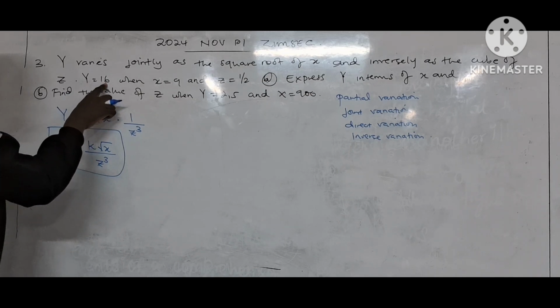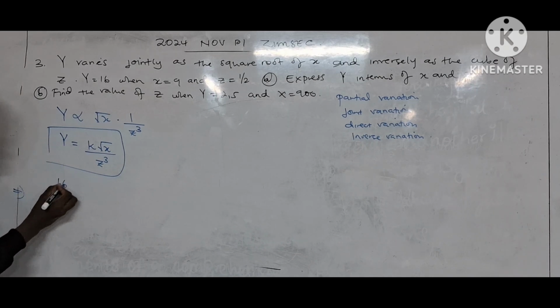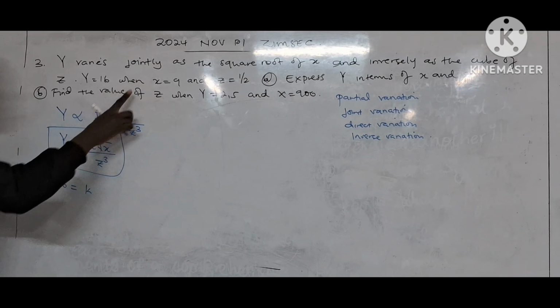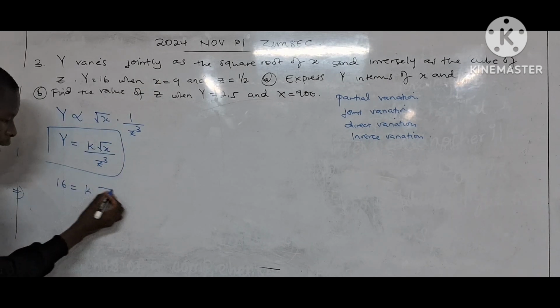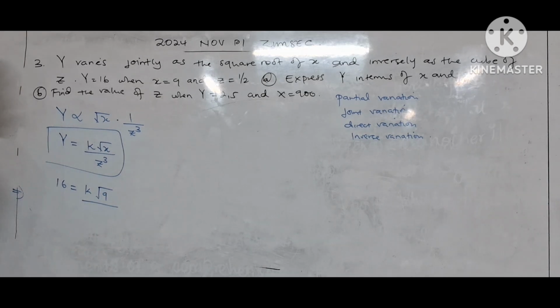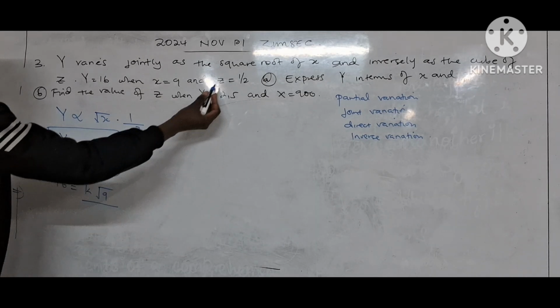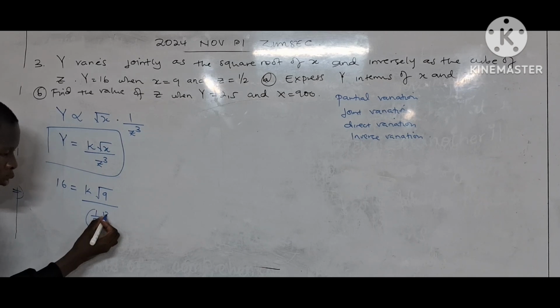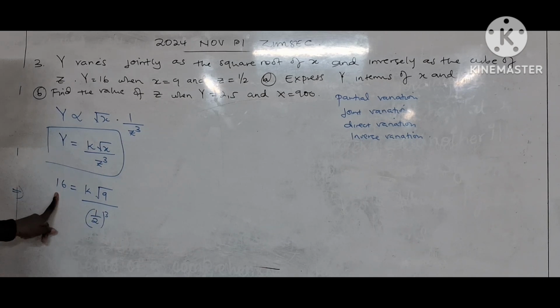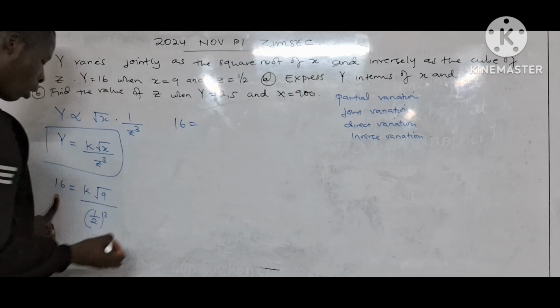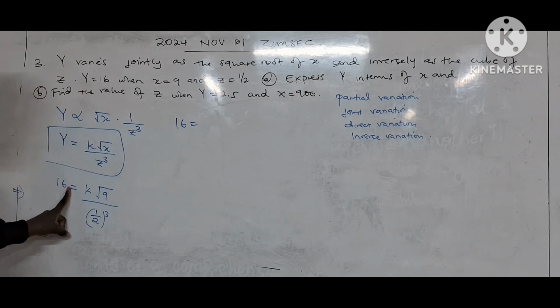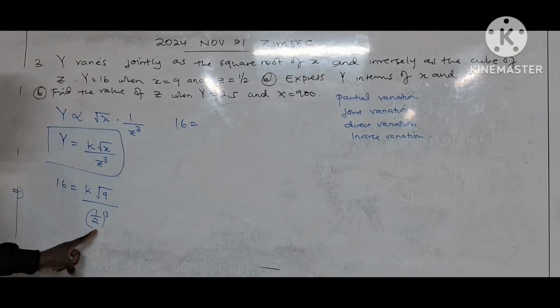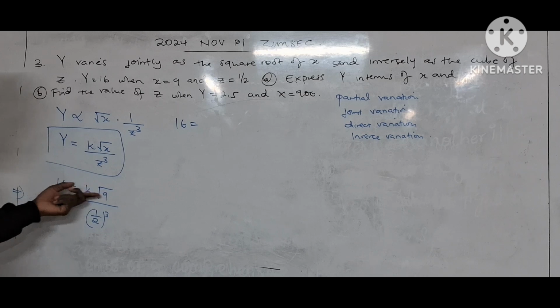Y is equal to 16 when x is equal to 9, square root of 9 divided by z, where z is half, so this is half to the power 3. So 16 is equal to k root 9 divided by half cubed.